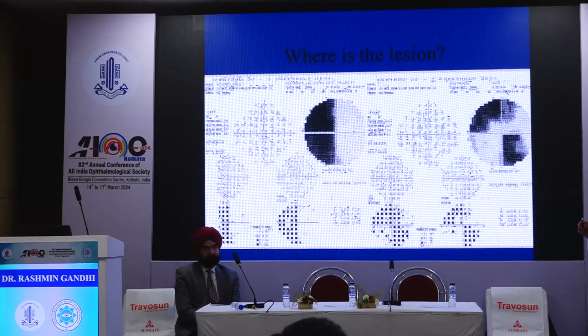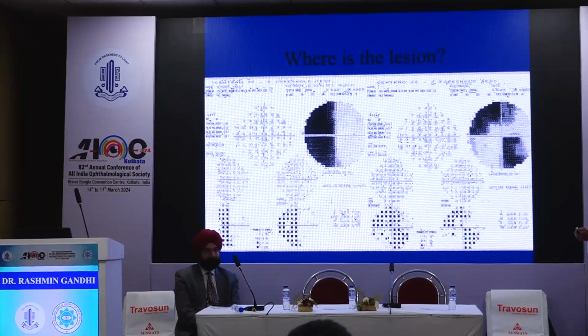So you know that you have a chiasmal problem which is coming from above, because when you have a predominant inferior defect of one side, you know that the chiasm is being compressed from above. So that's the first information that we got: a chiasmal lesion which is above. How do we fit in this? So this is like an arcuate defect. So arcuate defect also is a sign of an optic nerve lesion.